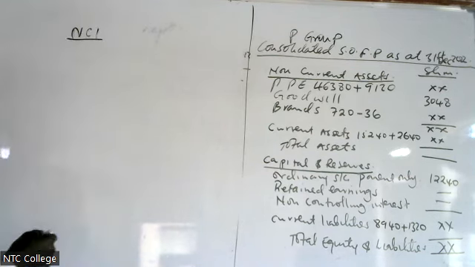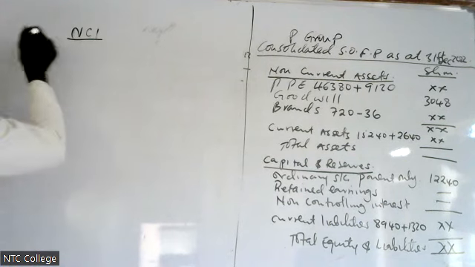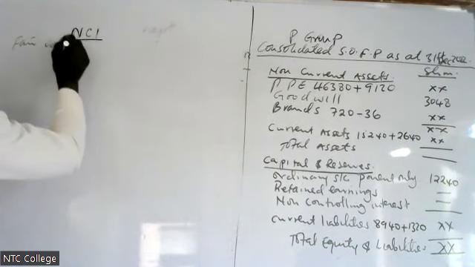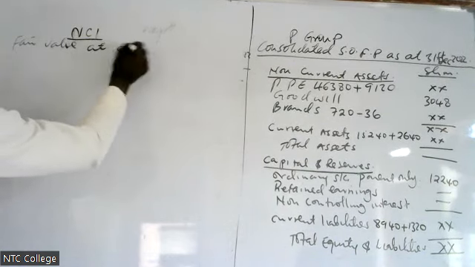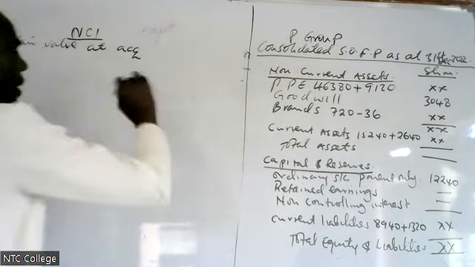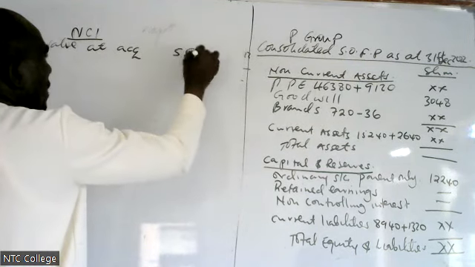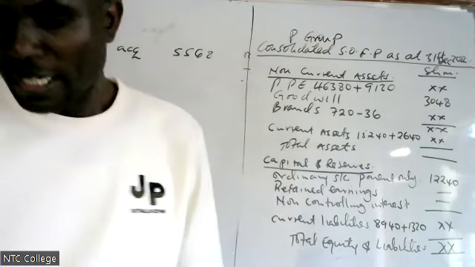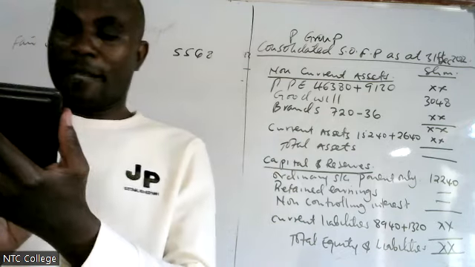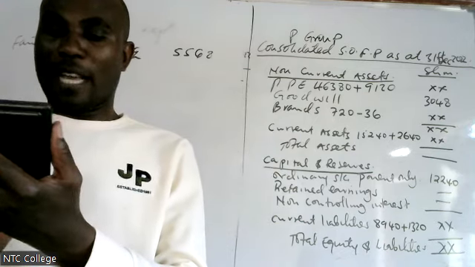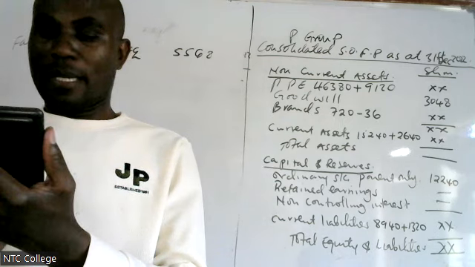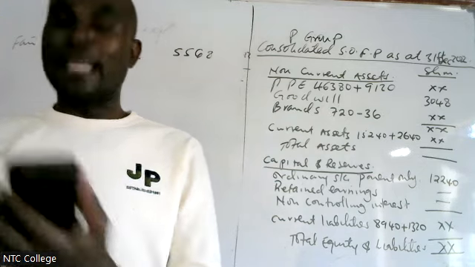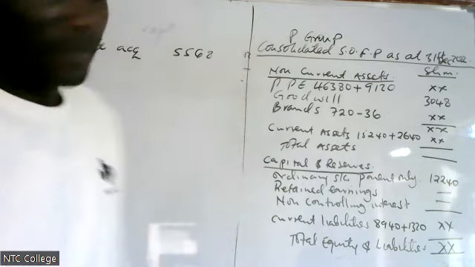NCI. Fair value of NCI. We take fair value at acquisition, which was, if I remember very well, 5568. It was 0.4 times 960 times 14.5. Yes, 5568.